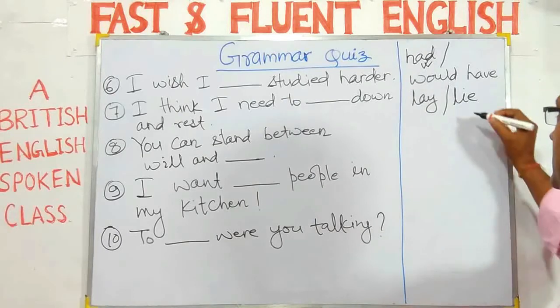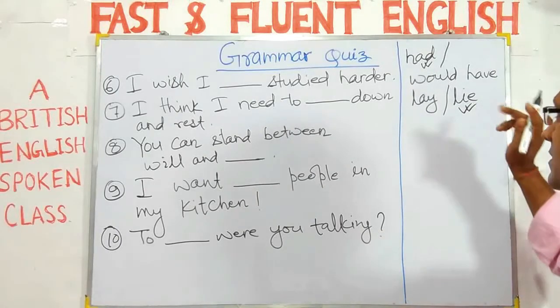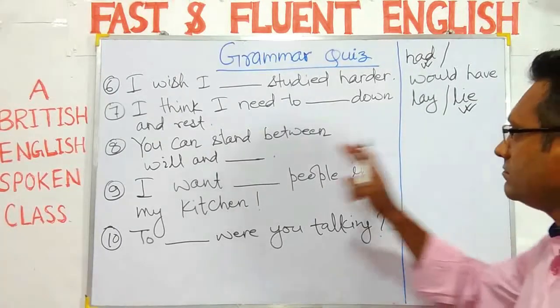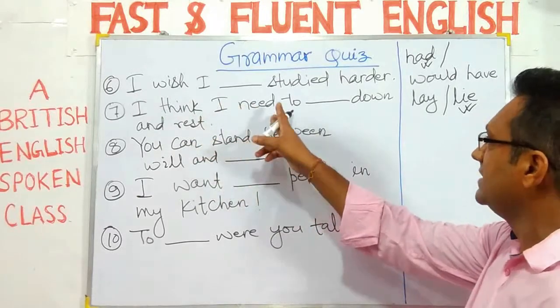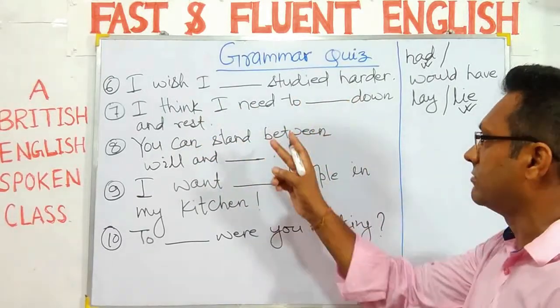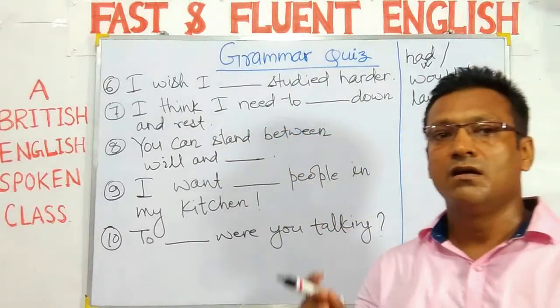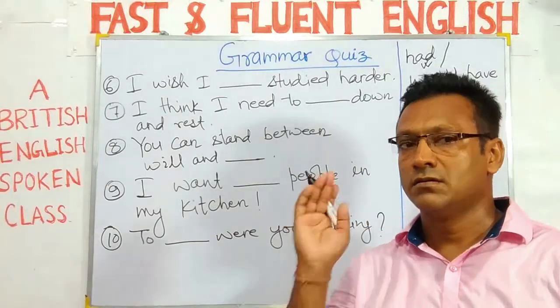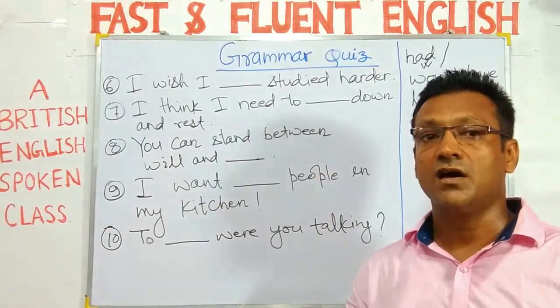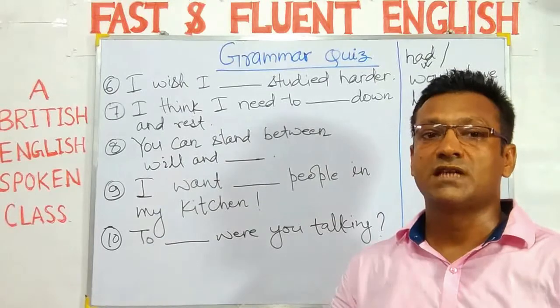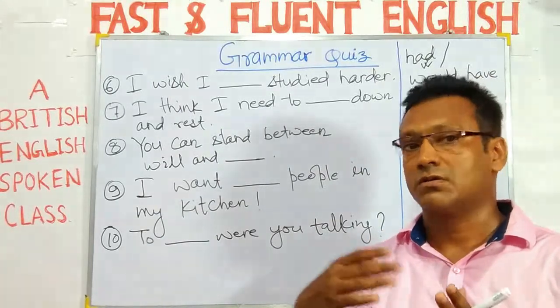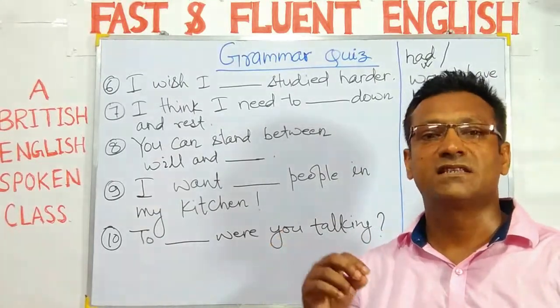And the correct answer is lie. I think I need to lie down and rest. Lie down मतलब होता है a short rest, कुछ देर के लिए रेस्ट करना, और lay down मतलब होता है to establish any rule or something like that, या फिर surrender करना.